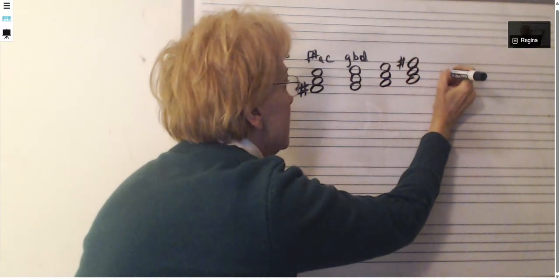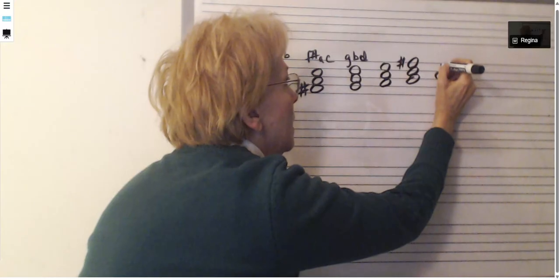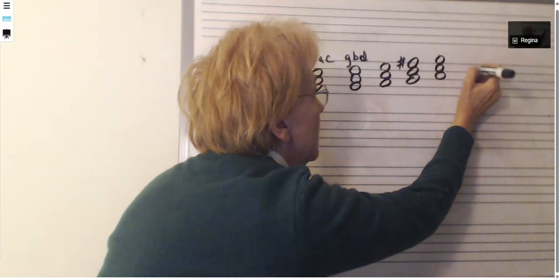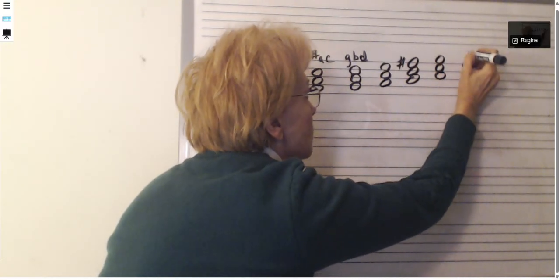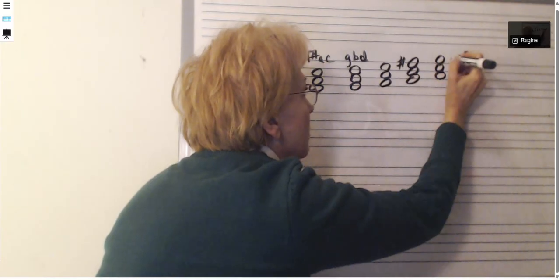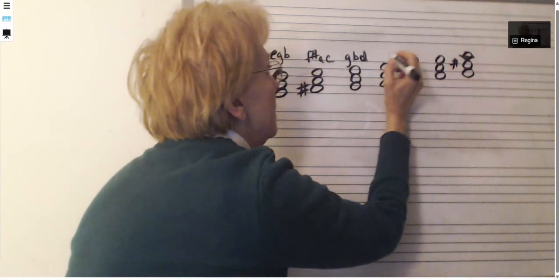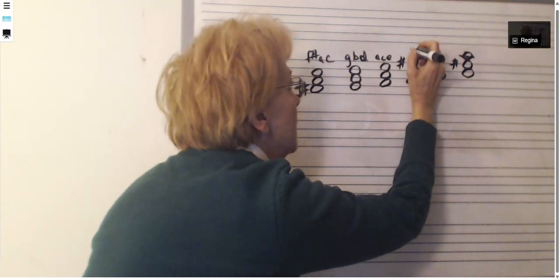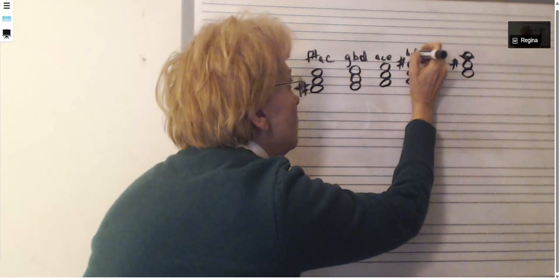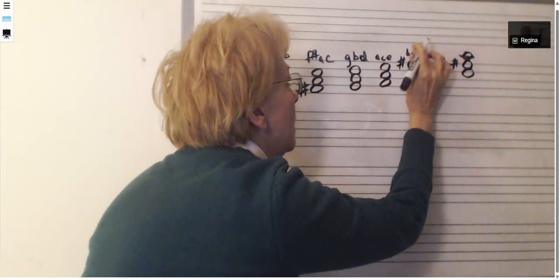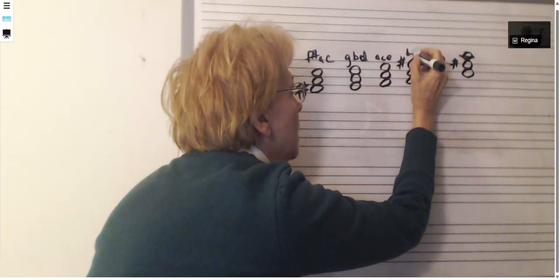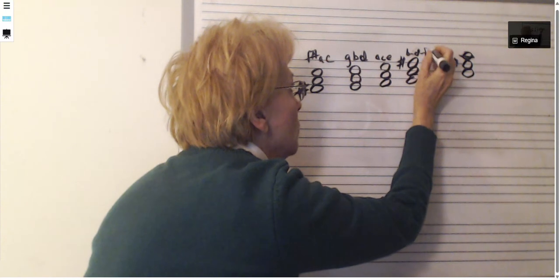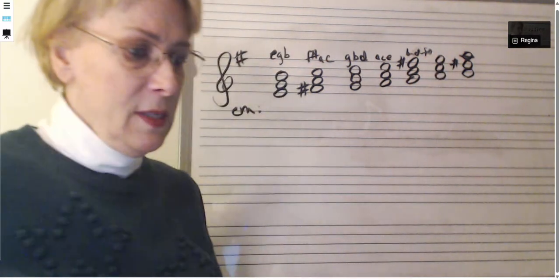Then a C, E, G, and a D, F sharp, A. So we have A, C, E, B, D, F sharp. I'm showing you, this is what my scratch pad looks like.